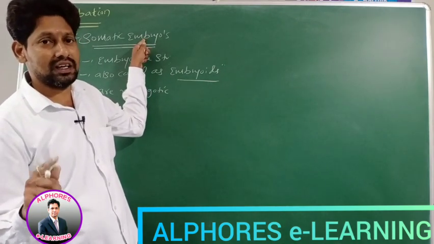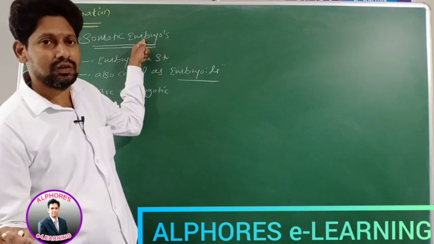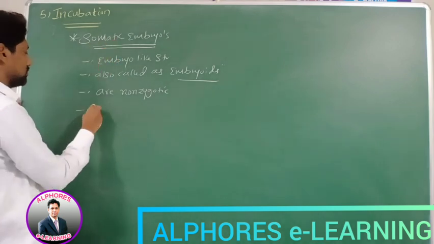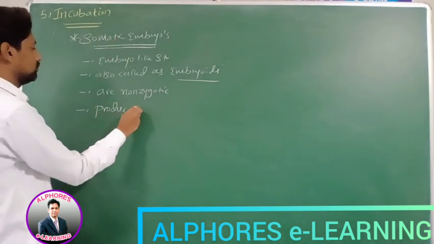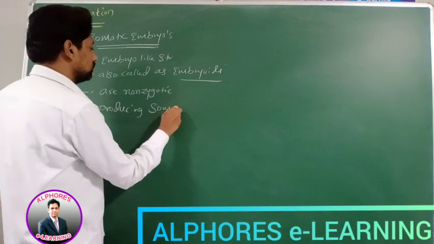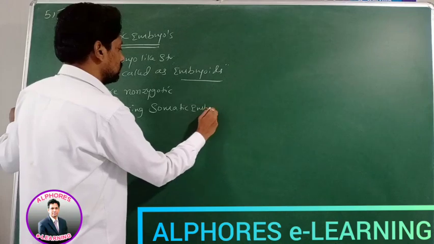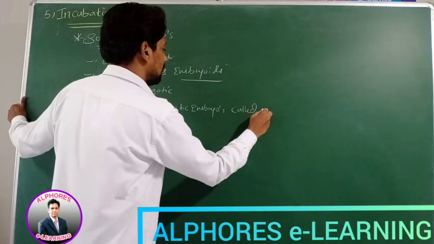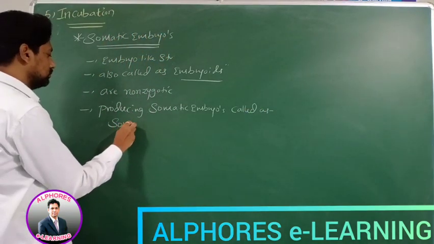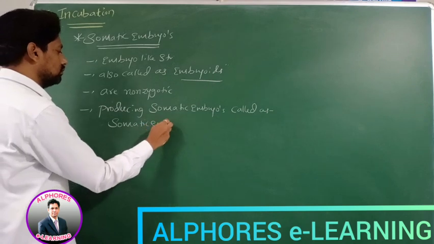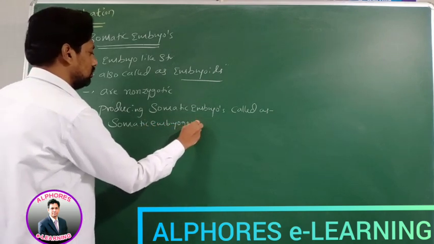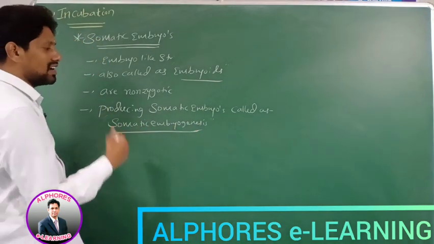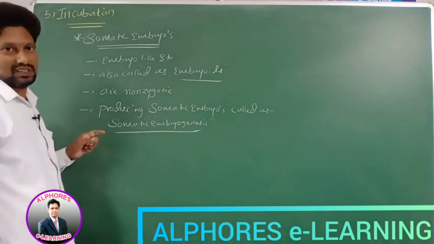I am not saying somatic hybridization; it is somatic embryogenesis. Therefore, the production of somatic embryos is called somatic embryogenesis. Is it okay?